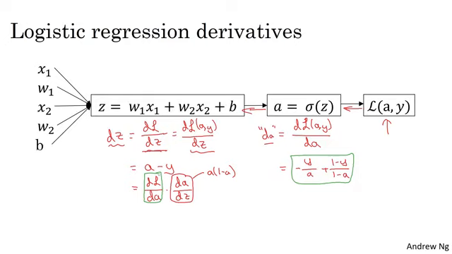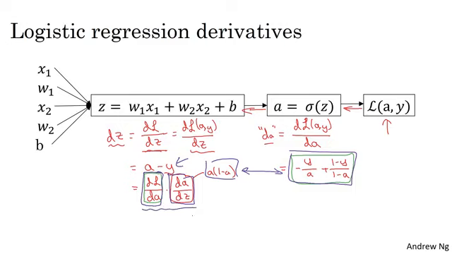So if you take these two quantities, dL/da which is this term, together with da/dz, which is this term, and multiply them, you could show that the equation simplifies to a minus y. So that's how you derive it. And this is really the chain rule that I briefly alluded to before.